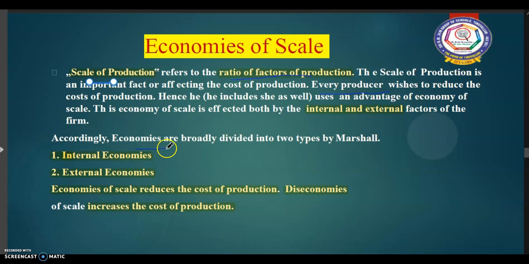These economies are broadly classified into two, that is internal economies and external economies. Here economies of scale reduce the cost of production. Diseconomies of scale increase the cost of production. Now we are going to discuss this in detail.